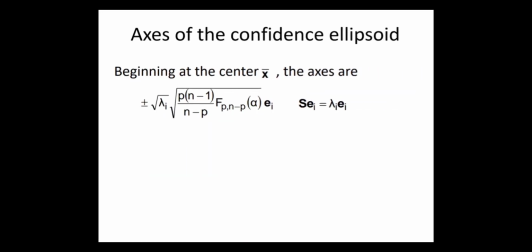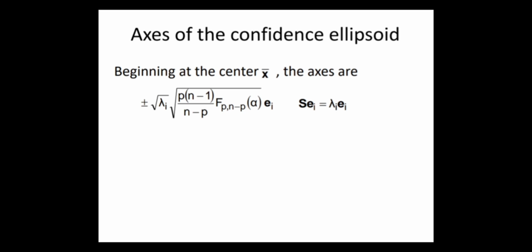Okay, next one is how we create the ellipsoid. So first of all, you need to know the axis of the confidence ellipsoid. Okay, this is the formula. Beginning at the center x bar, we find the axis.